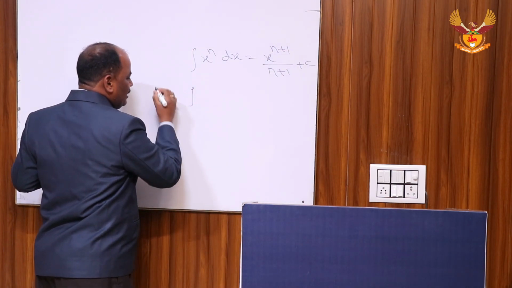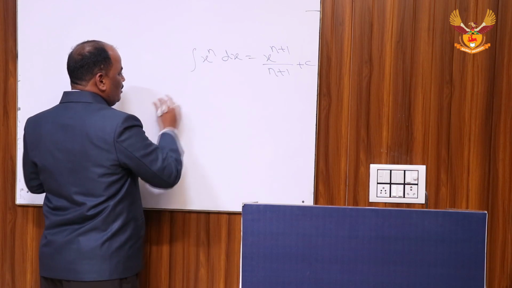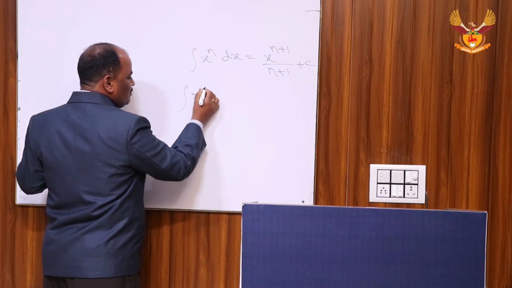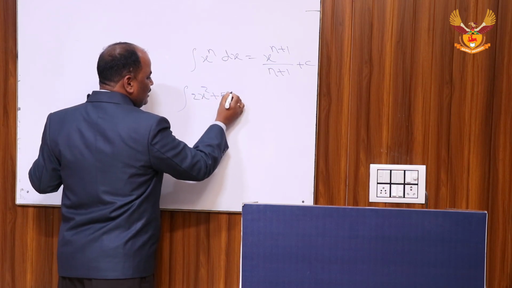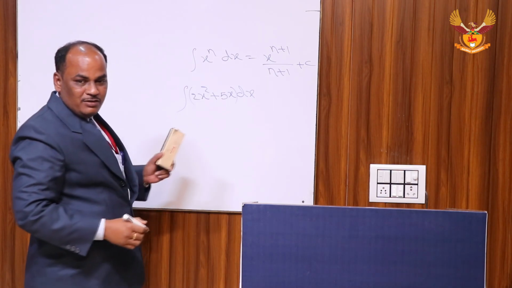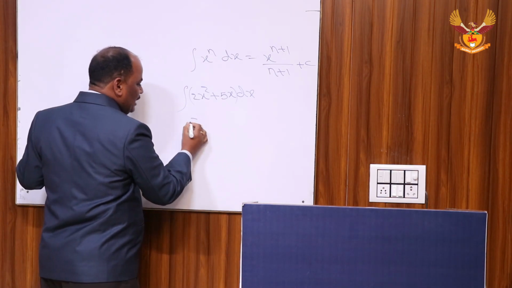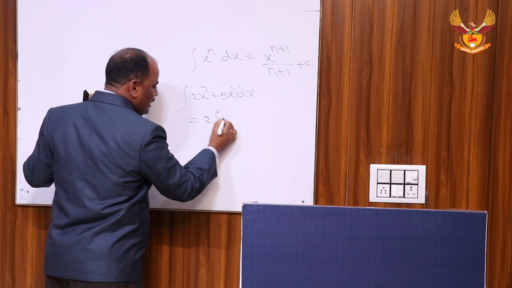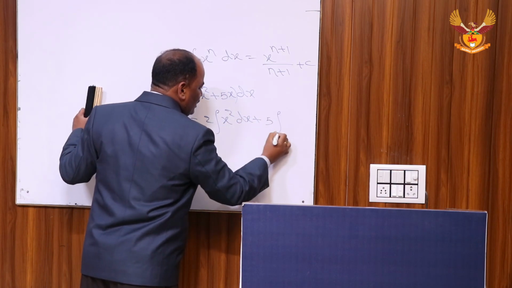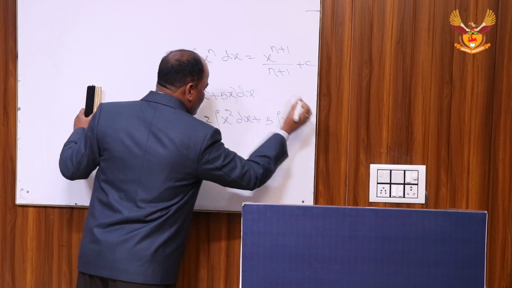Similarly, a simple example of this type of problem: integral of 2x square plus 5x dx. To integrate this function, we get 2 times integral x square dx plus 5 times integral x dx.